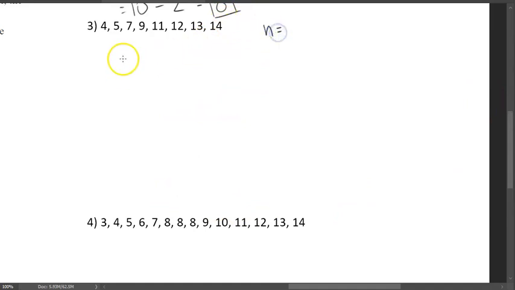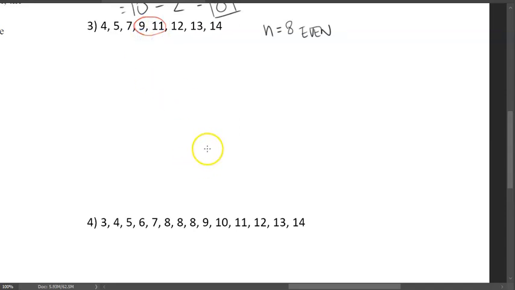All right, what's our n value? Let's have a look. 1, 2, 3, 4, 5, 6, 7, 8. Our n value is even. We have an even amount of numbers. And what we do in this case is, because we have an even amount, we're going to have two middle numbers right here.